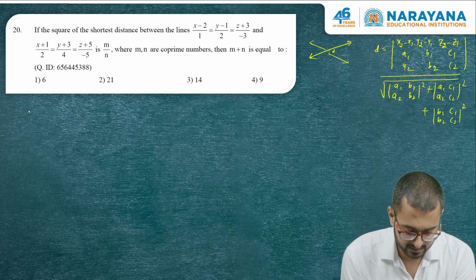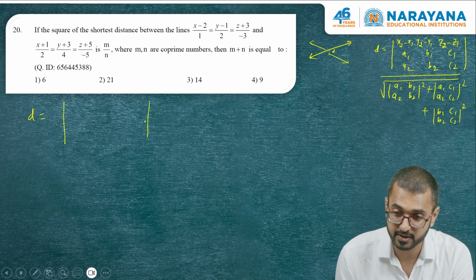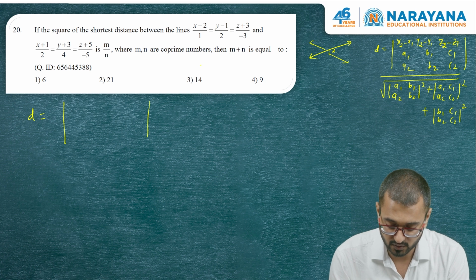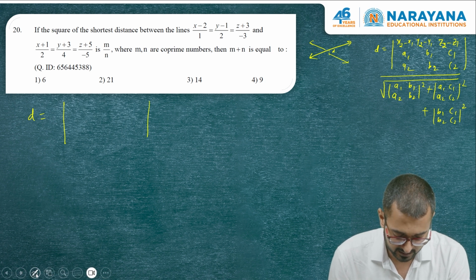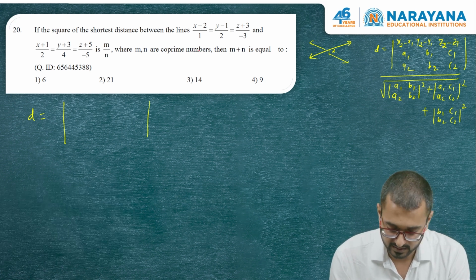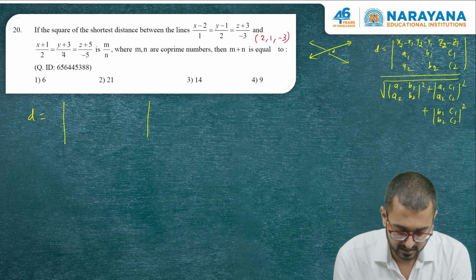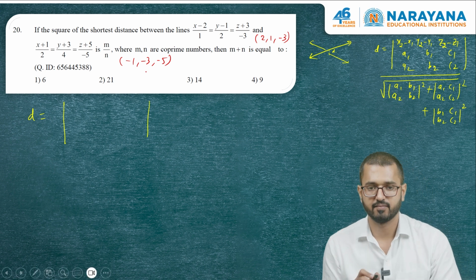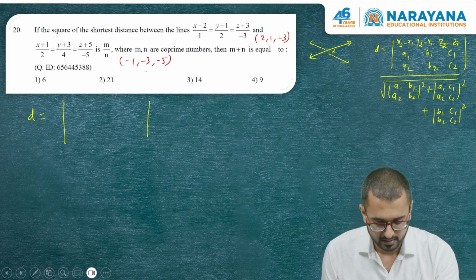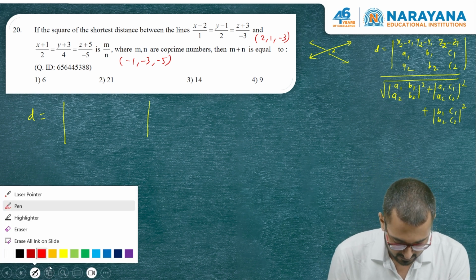So let's apply this thing. I'll be writing simply d equal to square root of. Now let's write down the determinant. So first of all, what is the line passing through? That will be my x2, x1. So this line is passing through 2, 1 and minus 3. This line is passing through minus 1, minus 3, minus 5. Now let us find out x2 minus x1.